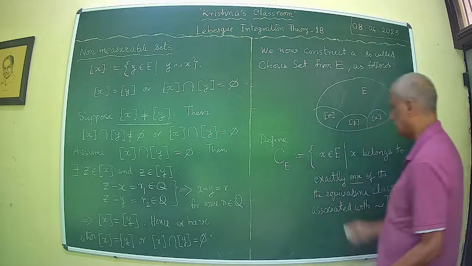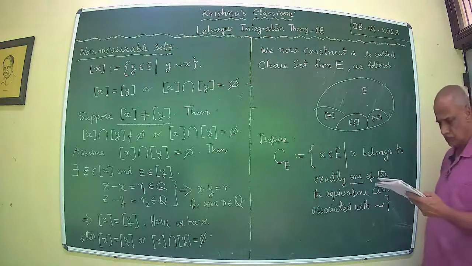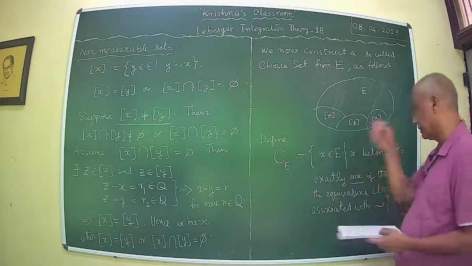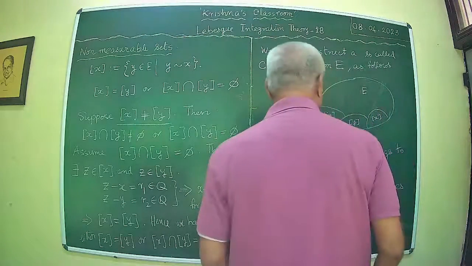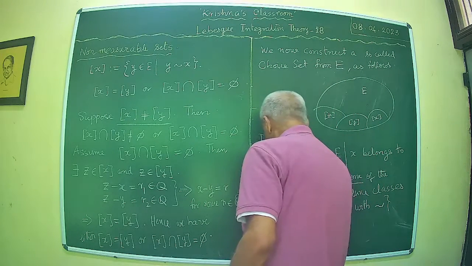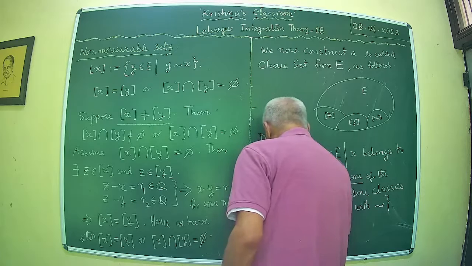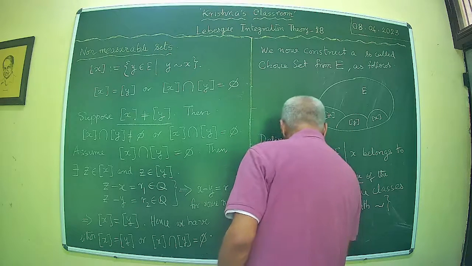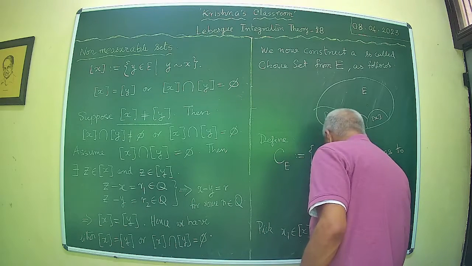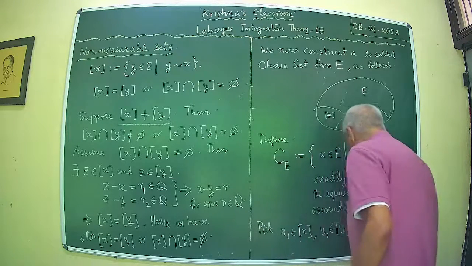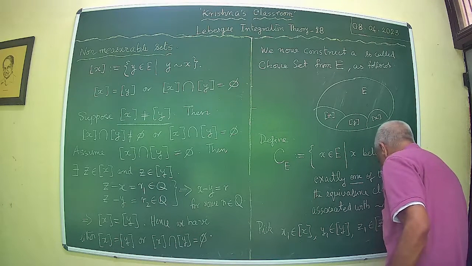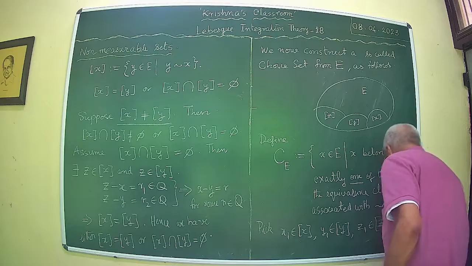We shall say that this is what is called the rationally related classes. Okay, what does it mean? It means pick x1 belonging to x, y1 belonging to y, z1 belonging to z, exactly one, and so on.